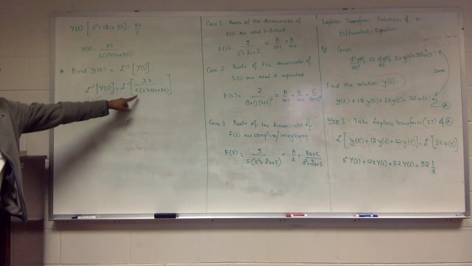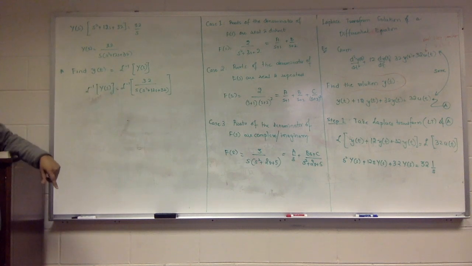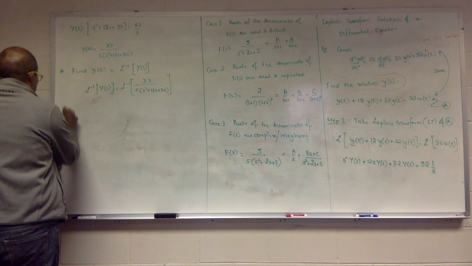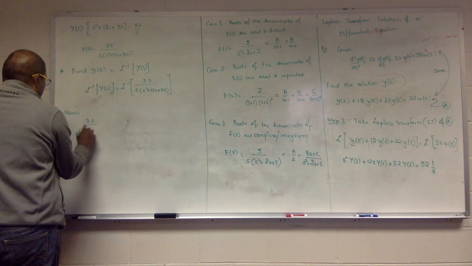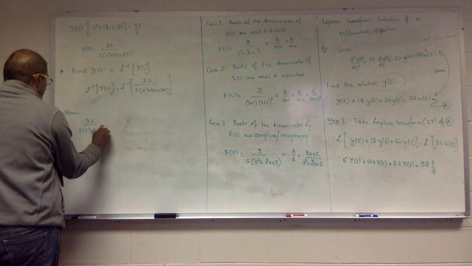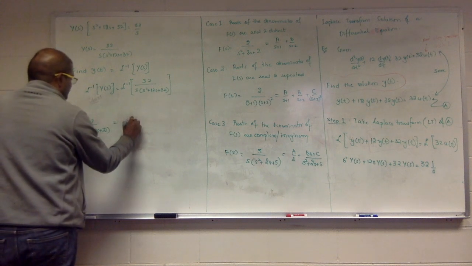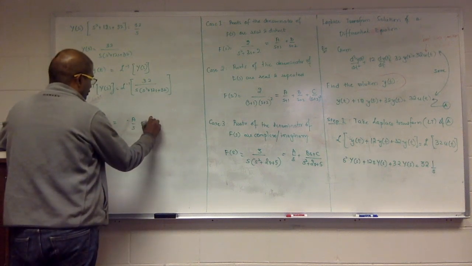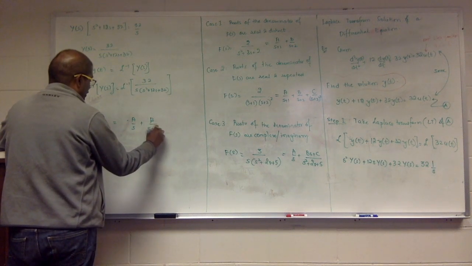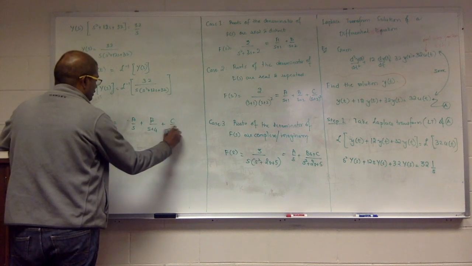Okay, so what you need is to apply partial fraction expansion and simplify this into simple functions, with s plus 4 and s plus 8 in the denominators. So 32 over s into s square plus 12s plus 32 can be written as A over s plus B over s plus 4 plus C over s plus 8.